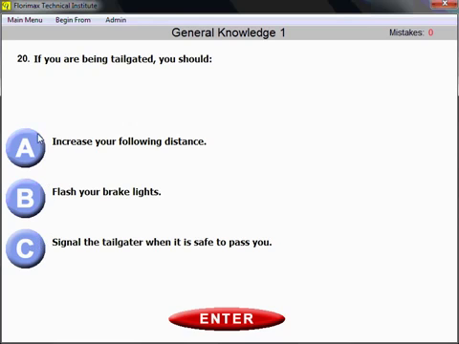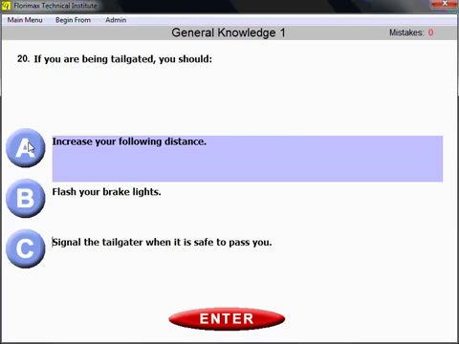Please remember, you need to increase your following distance. Not speed up, not brake, not honk your horn. No, you need to very safely, slowly increase your following distance, the distance between you and the driver in front of you.